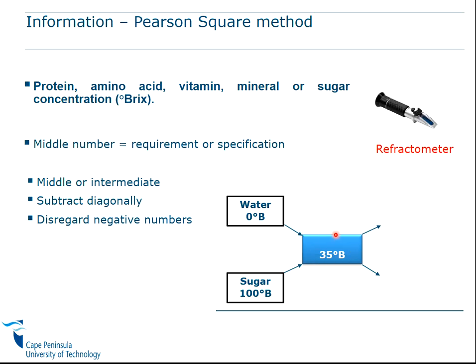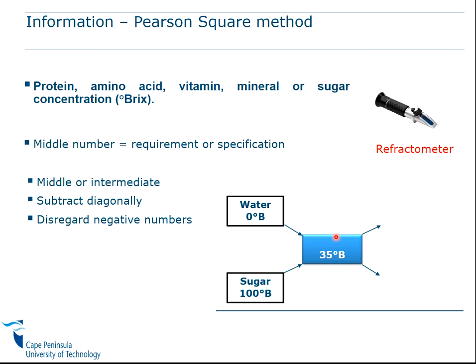The number that you see here in the middle is called the requirement or a specification. This is what you would like to achieve. This is what you are working towards, or what you would like to have at the end of the day. If I were to look at this calculation, this means that at the end of the day, this person wants to have a solution which is 35 degree Brix.